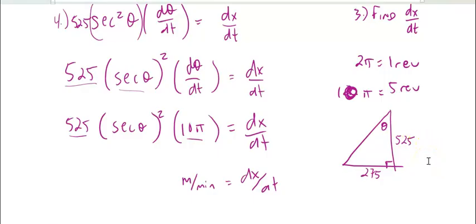You could figure out what theta is, because the tangent of theta is 275 over 525. And you can use your calculator to do the arctangent and get your radian measure. Then you can put that here, run it through your calculator and you're done.